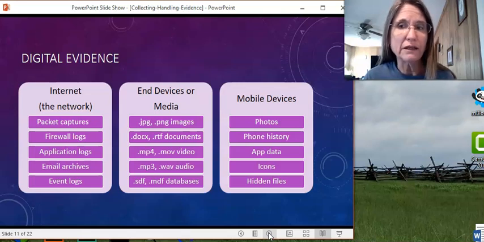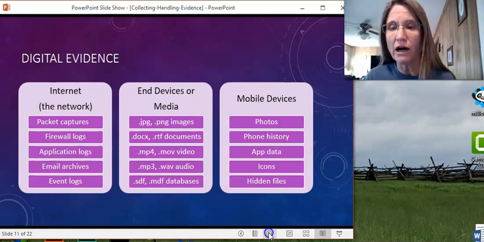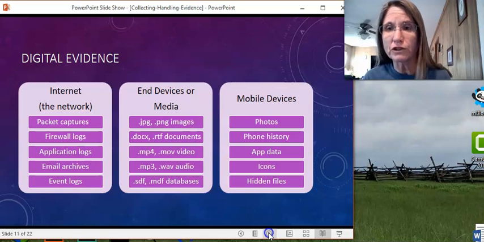So in the case of the internet, a lot of the interesting examples would be packet captures, firewall logs, email archives that would be possibly on MTA servers across the network.